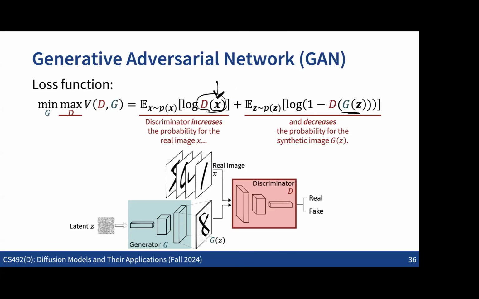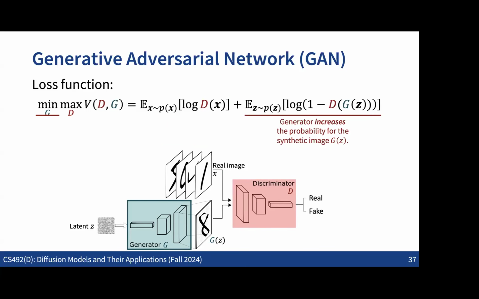So we are training the networks such that we maximize everything with respect to the parameters of the discriminator, increasing the probability for the real images and decreasing the probabilities for the fake images. But from the perspective of the generator, we need to do the opposite.